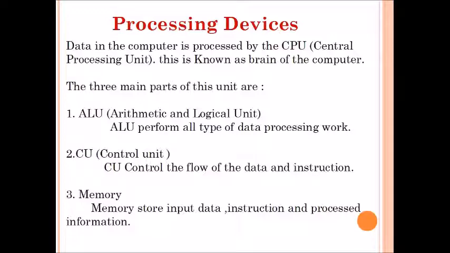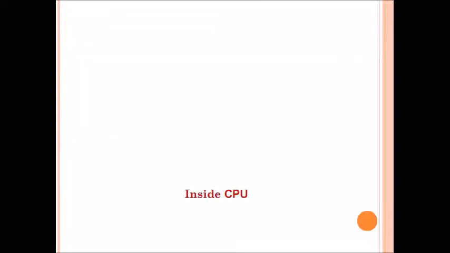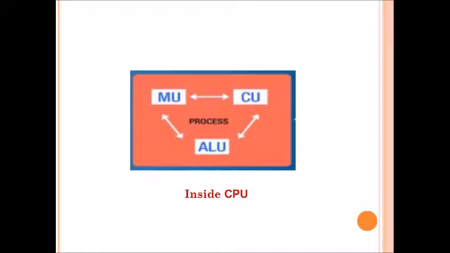Third is memory, which stores the input data and instructions and processed information. Look here, this is the inside design of the CPU. MU is the memory unit, CU is the control unit and ALU is the arithmetic logical unit, and they all process together and give an output.